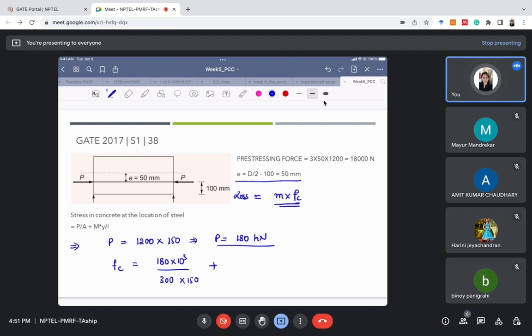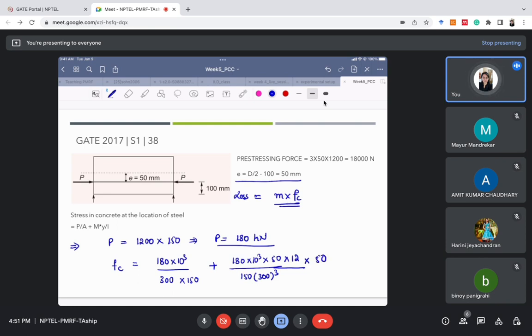M is P into e. P is this. So the steps are very repetitive. P into e, where e is 50, divided by I. I is BD cube by 12, where B is 150 and D is 300, cube divided by 12, multiplied by y, which is 50.